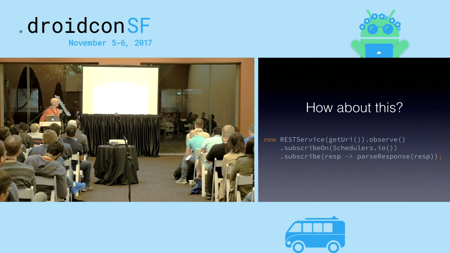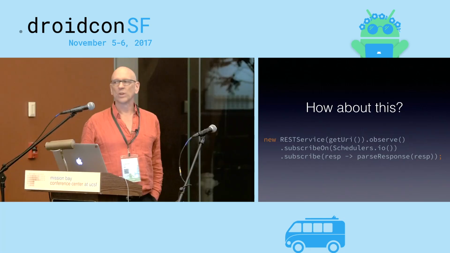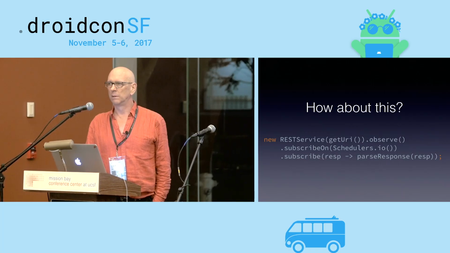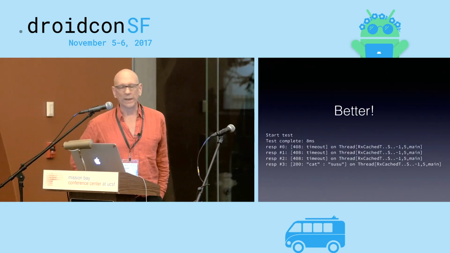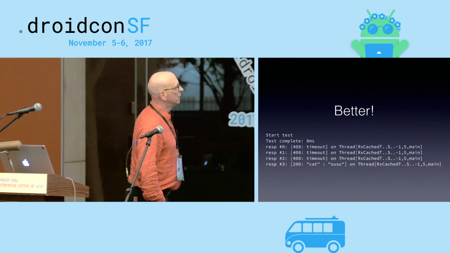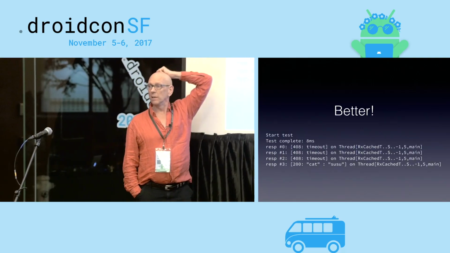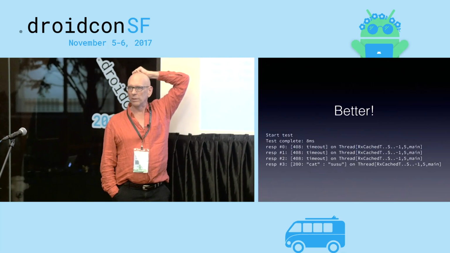So how about this? Now we subscribe on the I/O scheduler. What's going to happen? Well, almost, but not quite. So it completes right away. That's exactly what we want, right?